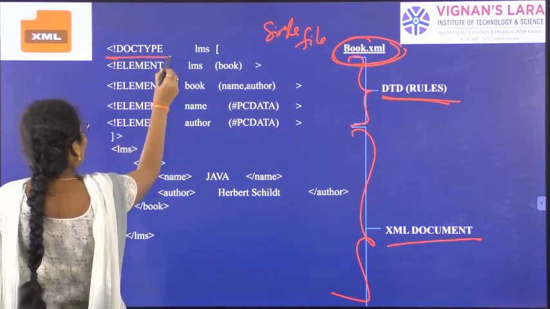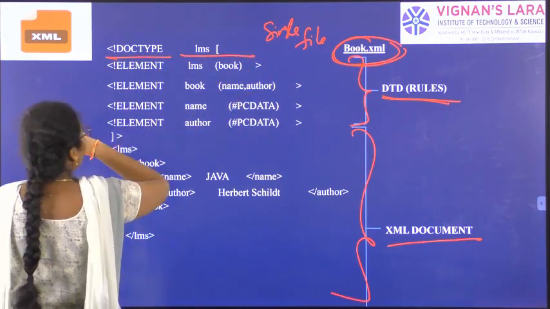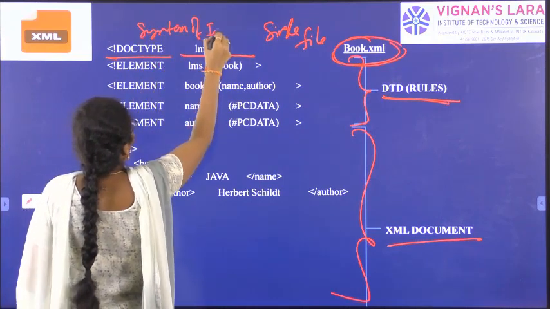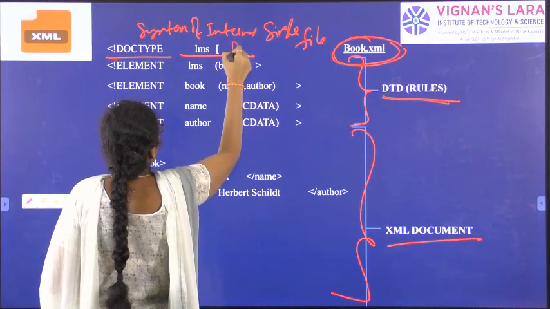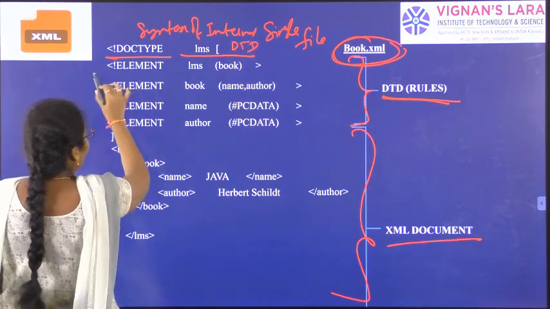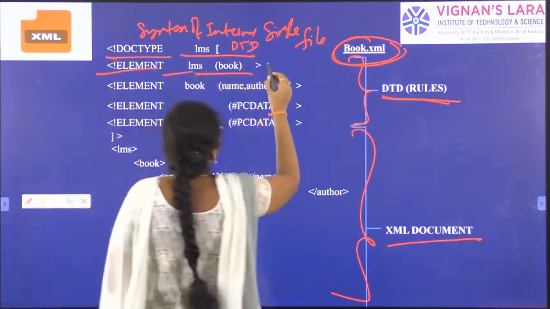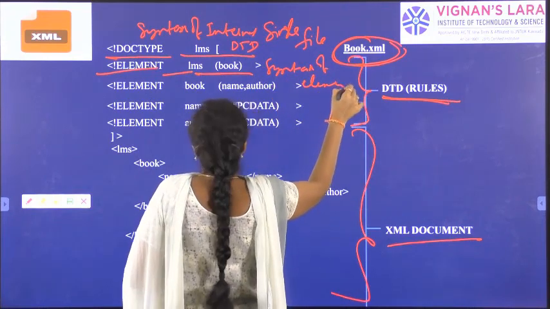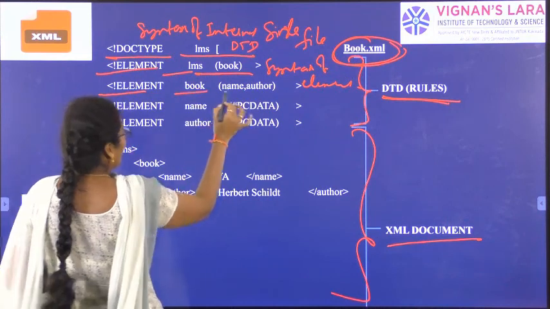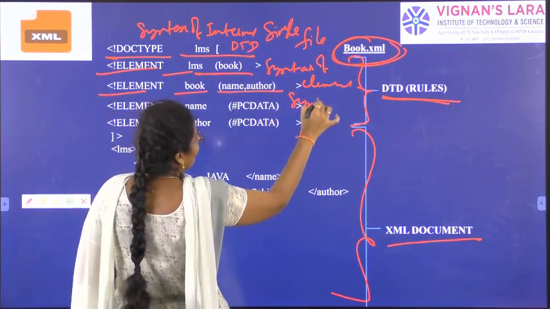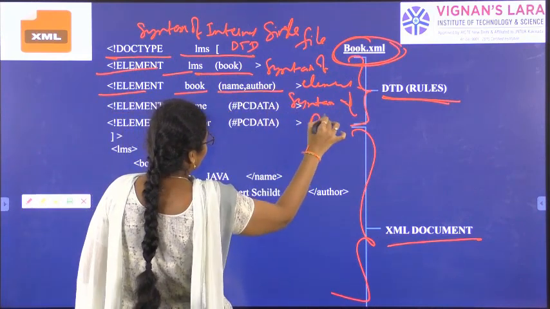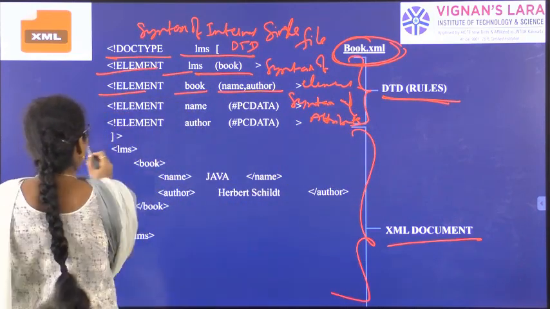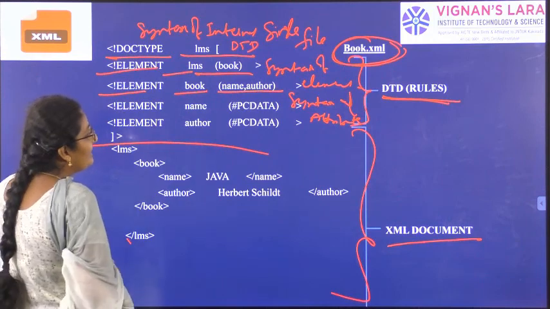So document type, library management system, that is the syntax of internal DTD. Next, element library management system book, syntax of element. Element book name and author, syntax of attribute. Here we concluded the DTD rules.